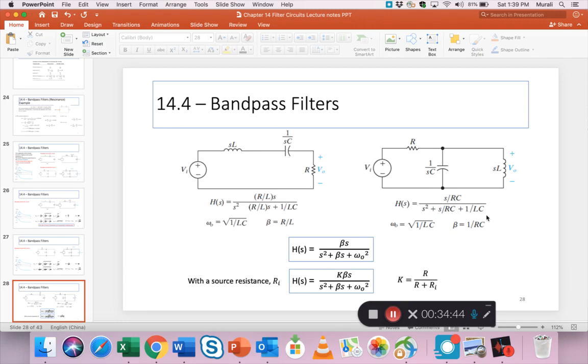This is a summary for both types, series RLC or parallel RLC, and you can see the transfer function. I've tried to pull everything together so when we start doing problems, you can keep coming back to look at this and save time. So you can see how the transfer function in the S domain is written.